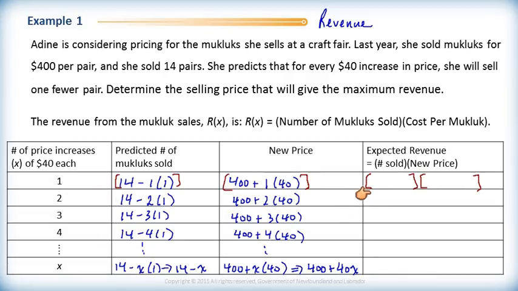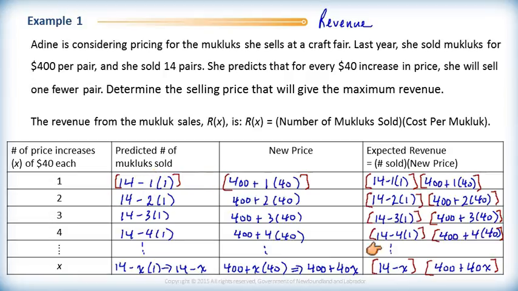Now, to get an expression for revenue, we take the number sold times the price. So in the first case, I would have 14 minus 1 times 1 times 400 plus 1 times 40, the amounts in the two columns. Continuing on down, I do the same thing.